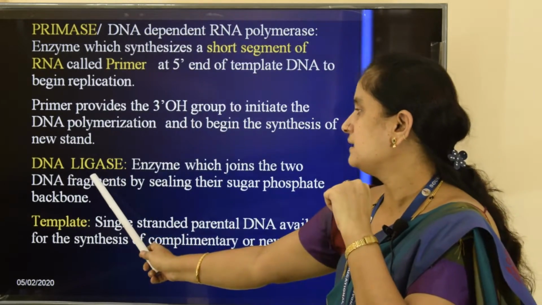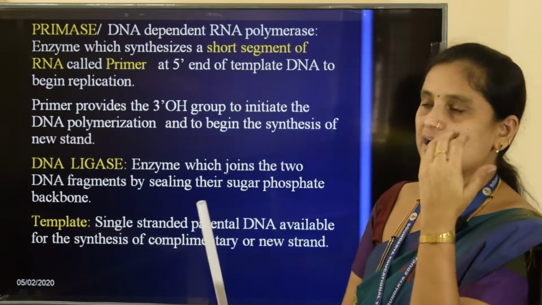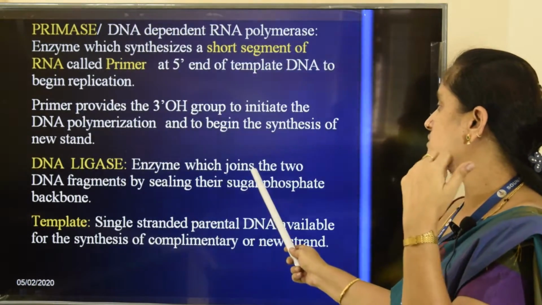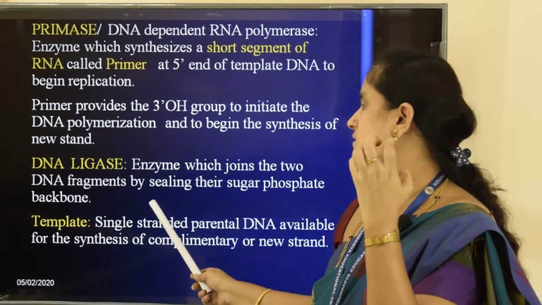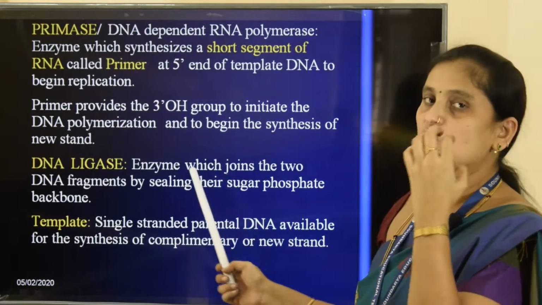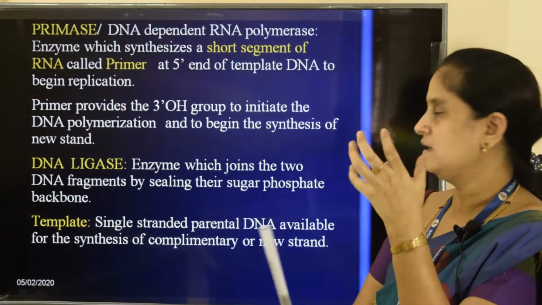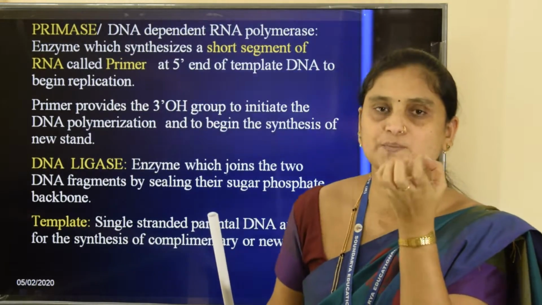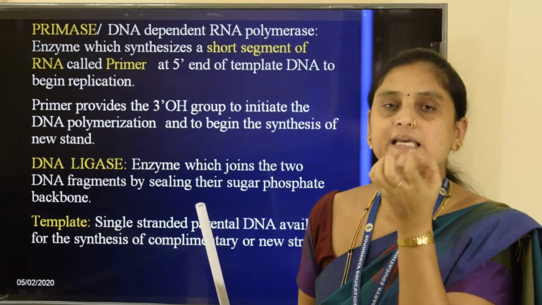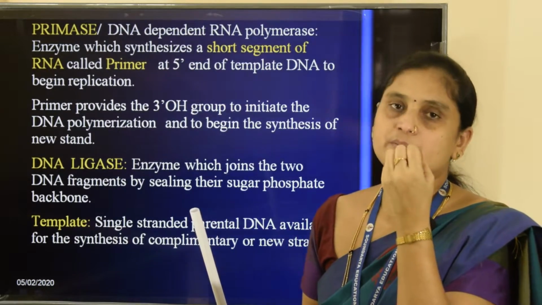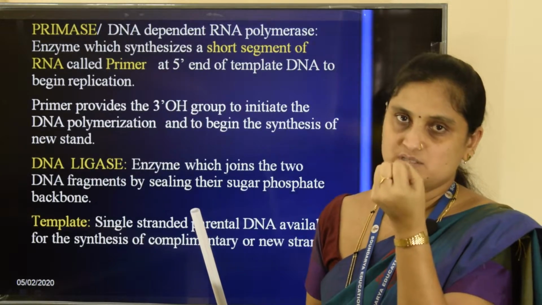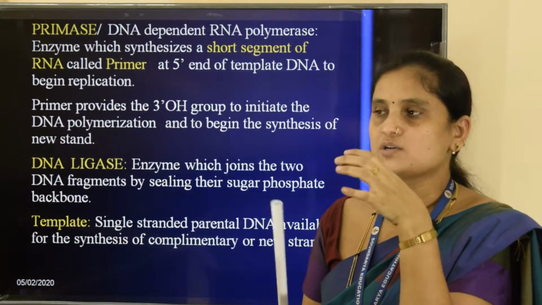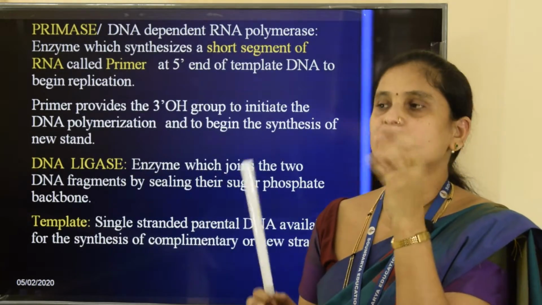Then next one, DNA ligase, as the last enzyme. DNA ligases are the enzymes used to join two DNA fragments by sealing the sugar phosphate backbone. They establish phosphodiester bonds between the fragments of the DNA.